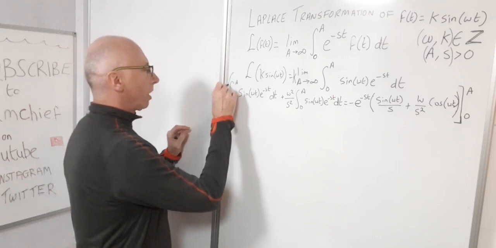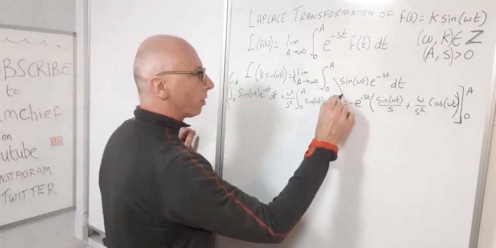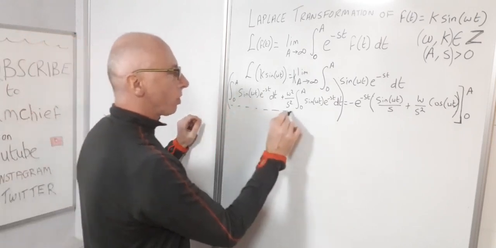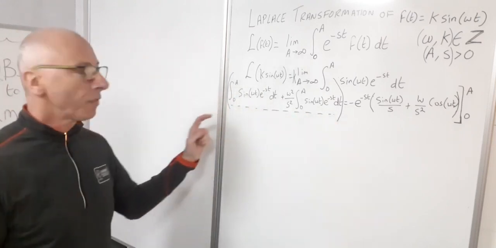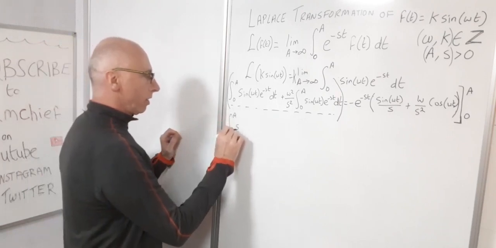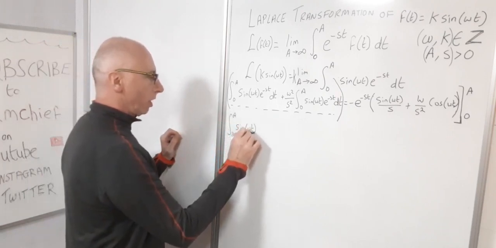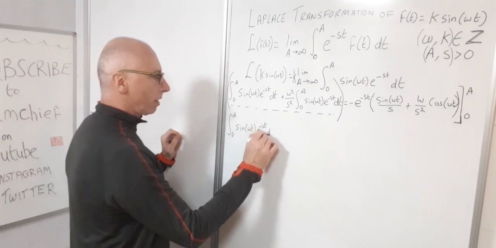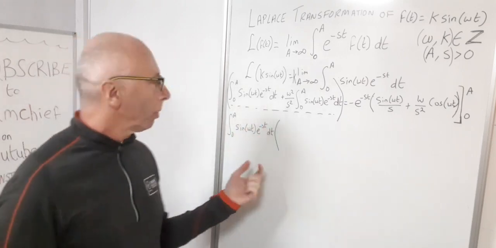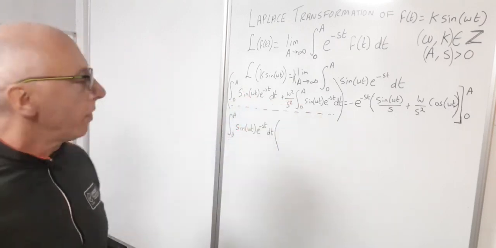So let's just take the two terms with the integral, that's on our left hand side, so all of this. So that's what we're interested in at the moment. Let's factor out the integral. So now we get 0 to a sine of wt e to the minus st dt, and then put a bracket in there and multiply by something to the equivalent of that.